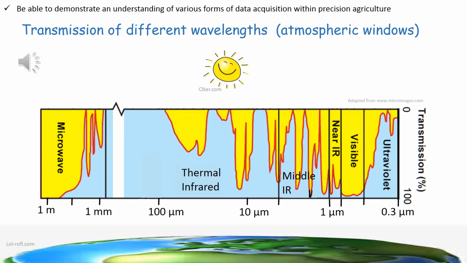0% is at the top, near the Sun, and 100% transmission is at the bottom, near the Earth, in this diagram. 100% transmission indicates that the radiation has reached the Earth's surface. The point to note on this diagram is that from the electromagnetic radiation spectrum, that is the whole range of wavelengths from the EM spectrum, almost 100% of the visible and near-infrared light emitted from the sun can travel through the atmospheric windows to reach the Earth.